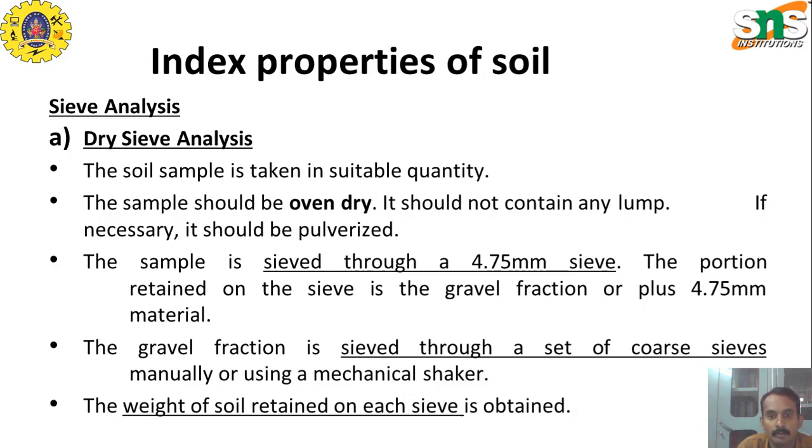The sample is sieved through a 4.75 mm sieve. The portion retained on the sieve is the gravel fraction. The gravel fraction is sieved through a set of coarse sieves manually or by using a mechanical sieve shaker. The weight of soil retained on each sieve is obtained, which should be equal to the quantity of soil taken initially.